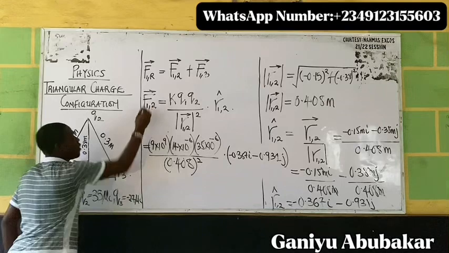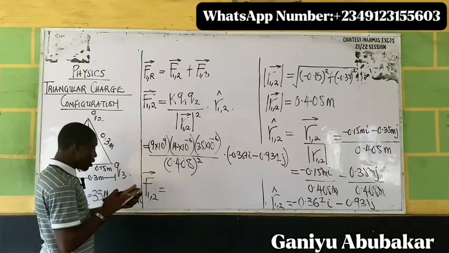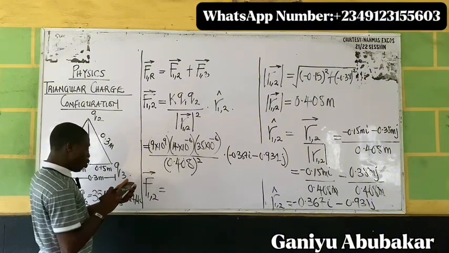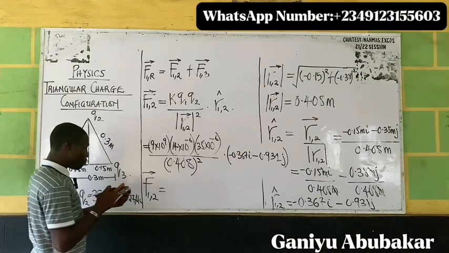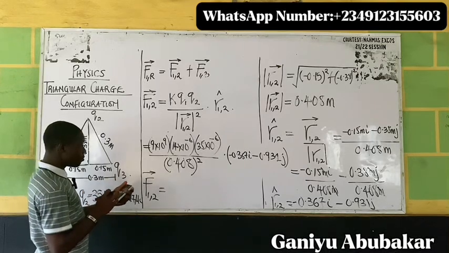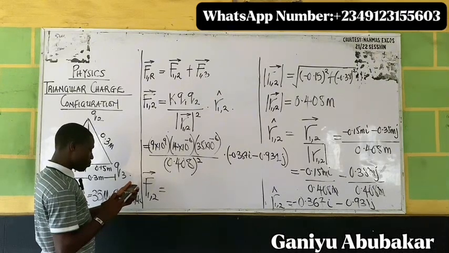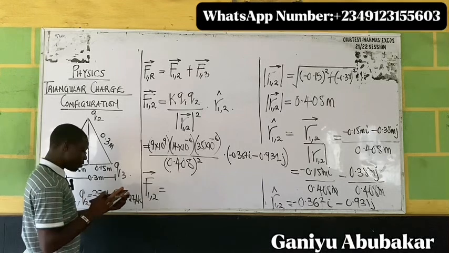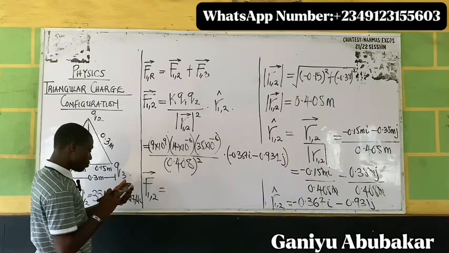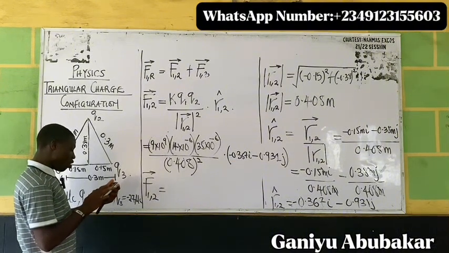So the value of F12 is equal to 9 times 10 to the power 9 times 14 times 10 to the power minus 6 times 35 times 10 to the power minus 6, divided by 0.408 squared.